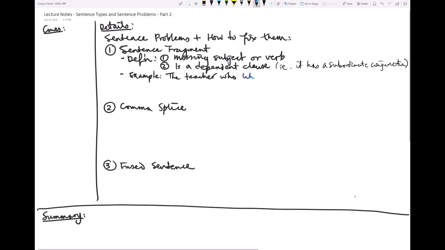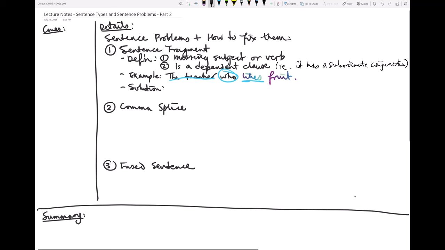Who likes fruit. Sure. So right now we have a sentence fragment because we only have the subject and then the verb likes, but we have a subordinate conjunction before it, and we need to fix it. So I'm going to write a solution.